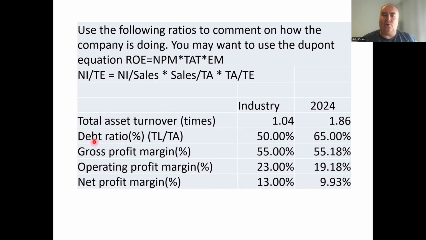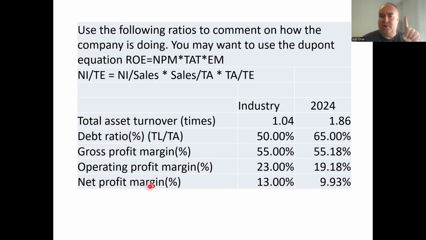actually the total asset turnover, the debt ratio, and the net profit margin. We can actually also calculate the ROA, return on assets, and ROE, return on equity. Let me gift that information to you as well. So to calculate ROA, what was the formula, the breakdown?